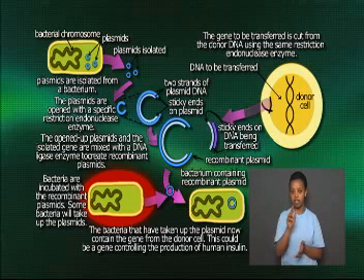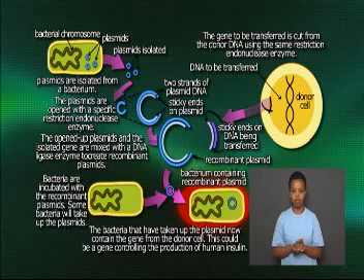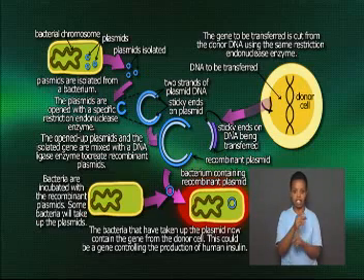Some bacteria take up the recombinant DNA plasmids. The bacteria that have taken up the plasmids contain the DNA from the donor cell and will grow and develop with this new DNA. Were you able to name all of the stages?